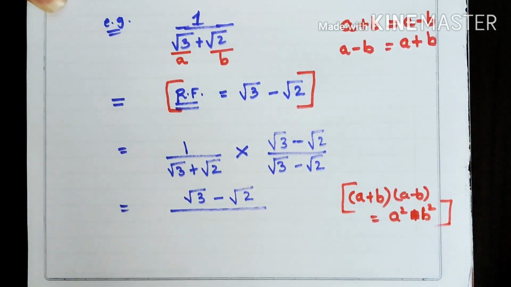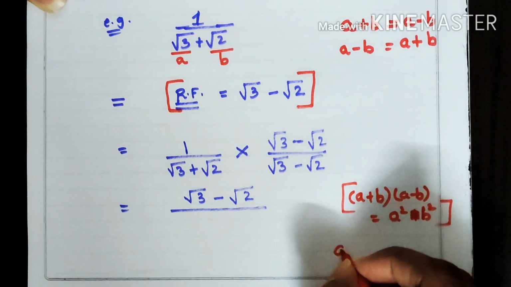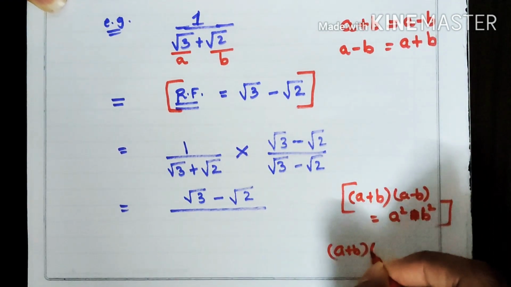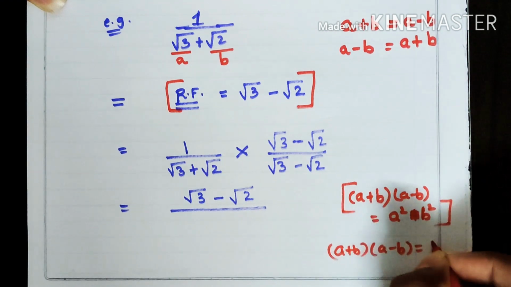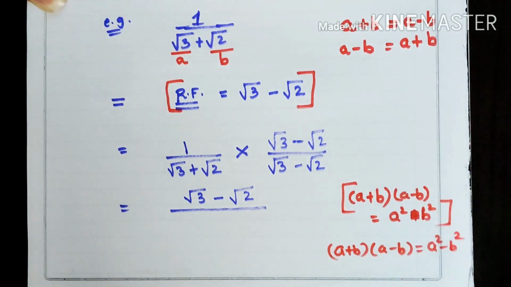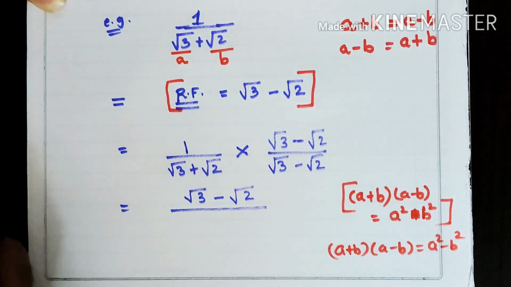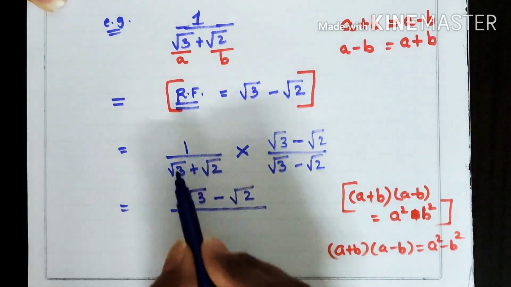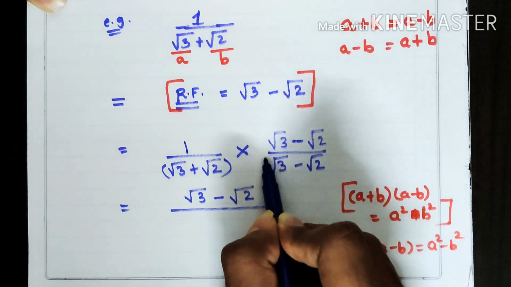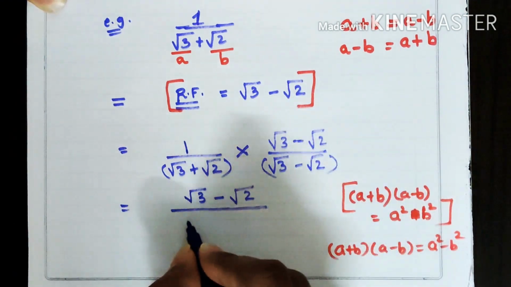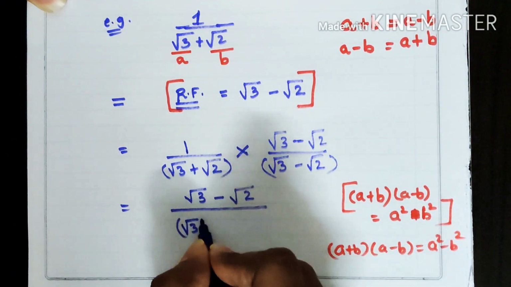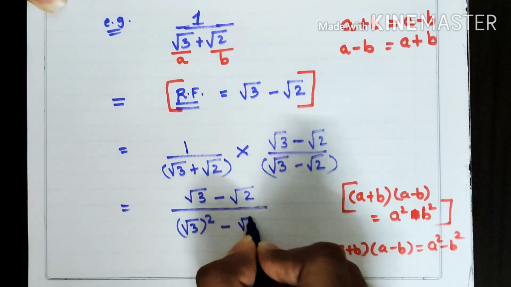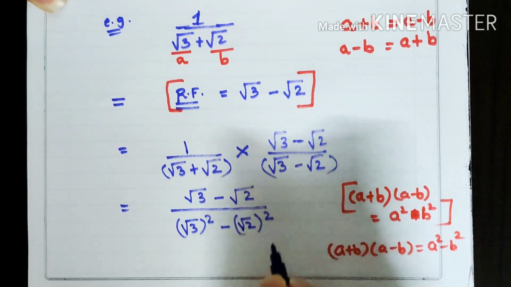In the same way, here we will apply that identity. This is a plus b, this is a minus b. So a square, root 3 square, minus root 2 square.